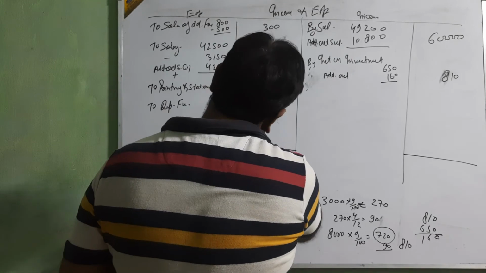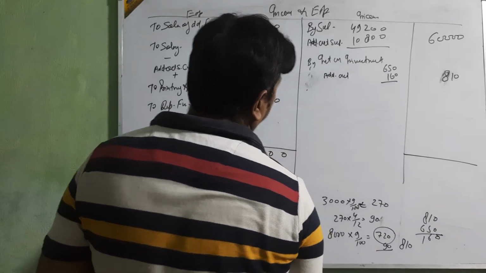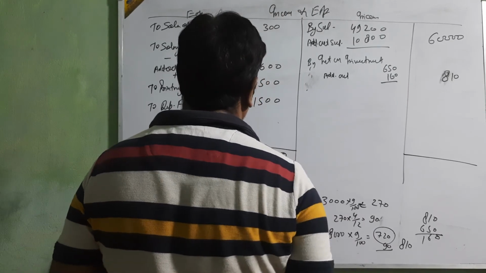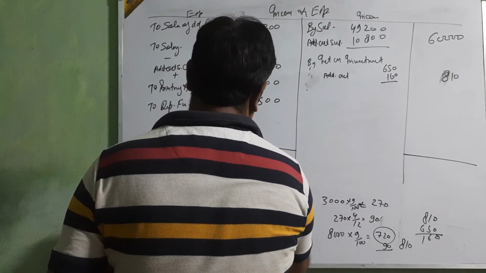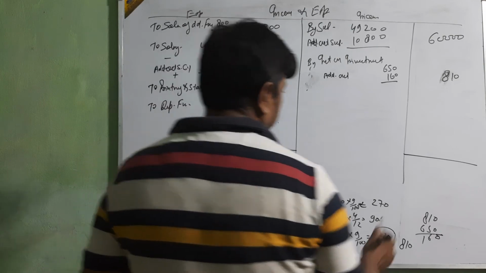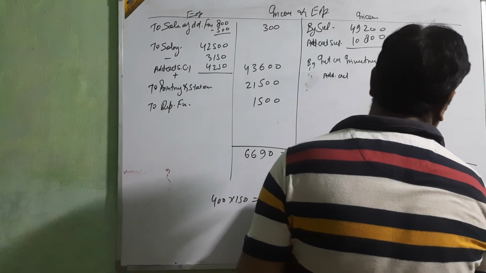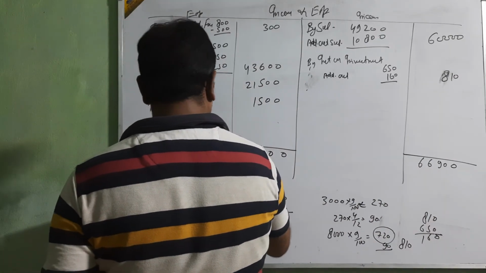0, 0, 9. 1 is remaining. 6. 66. 900. Just less from this.